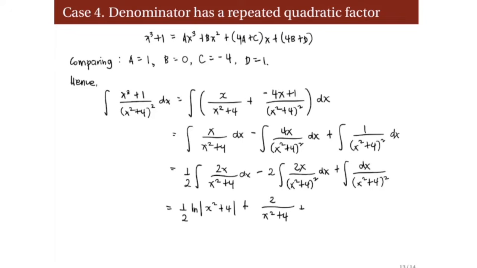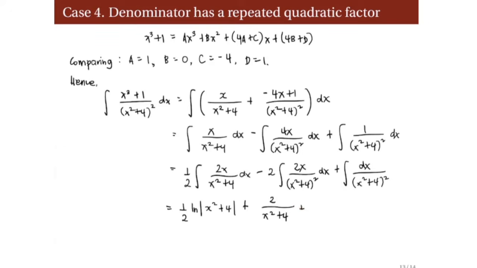Paano kaya itong dulo? For the last portion, gagamit tayo ng trig sub. So, for the trig sub, iwan ko na lang to as an exercise. So, this is equal now to, na-compute ko na siya, ang galing ko, di ba?